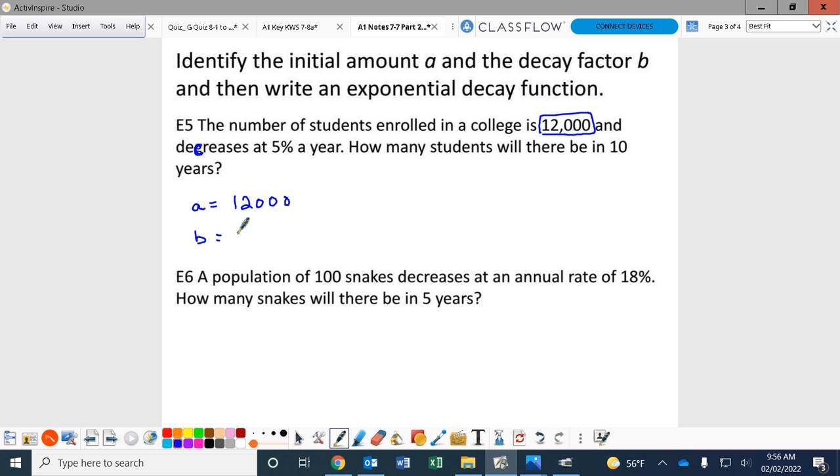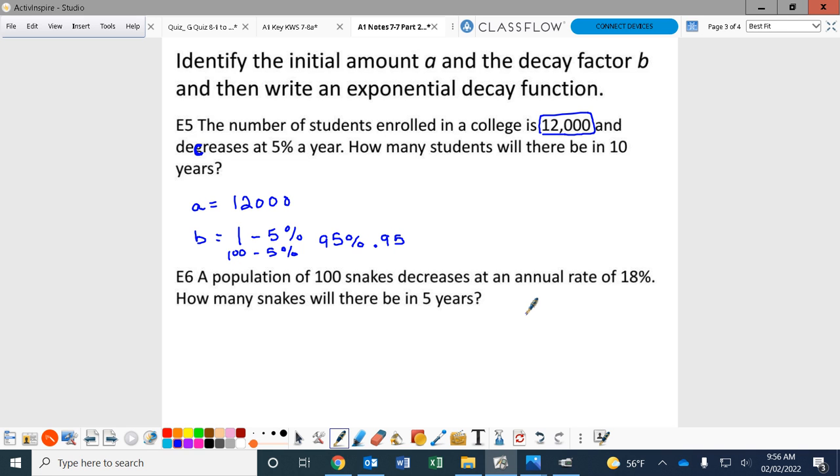So if it starts at 1, and it always starts at 1 because that's 100%, and it subtracts that 5%, it's 100% minus 5%, which is going to be 95%. And what's 95% as a decimal? Guys, you got to be able to tell me this. 0.95. That is going to be your decay factor, 0.95.